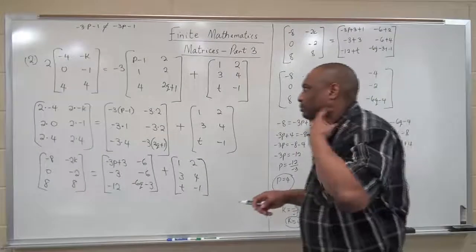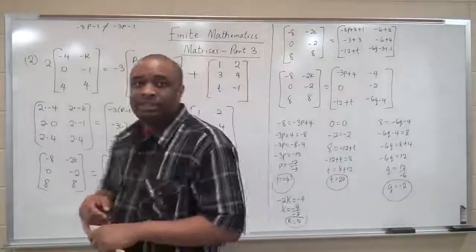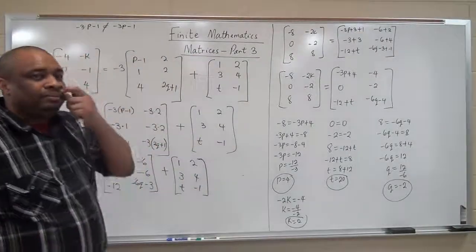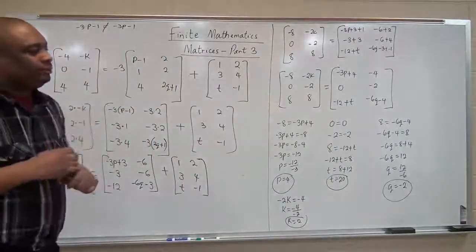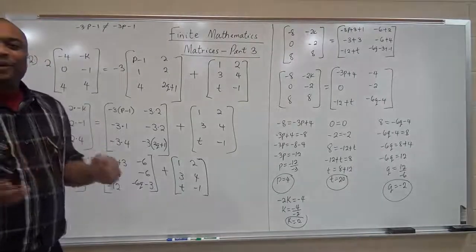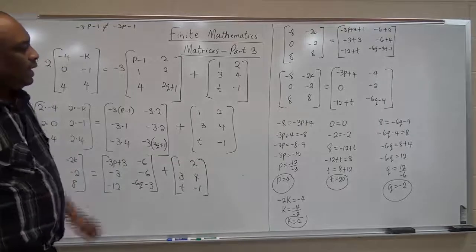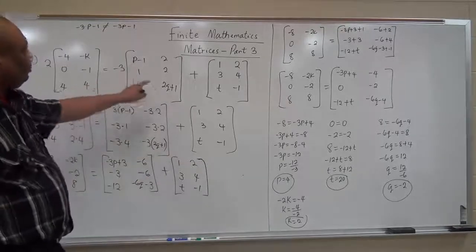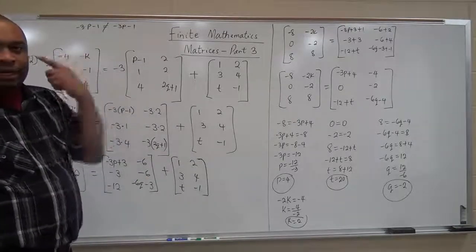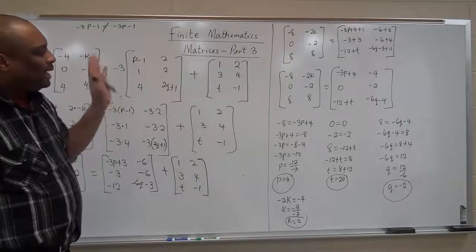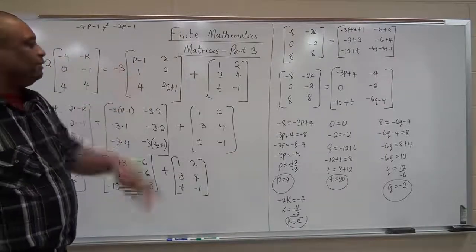I would like you to check it. It's good because it's equality. Anytime you have an equation, Mr. CEO always wants you to do what? Check your work. This is a quick way to check it. You can even check it mentally, but I would like you to check it by solving it.